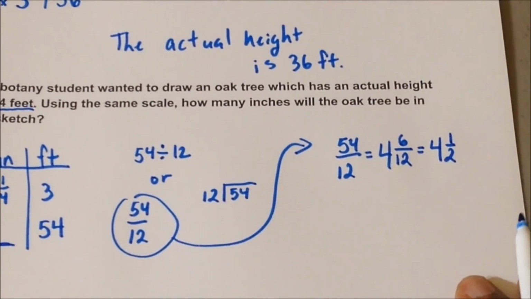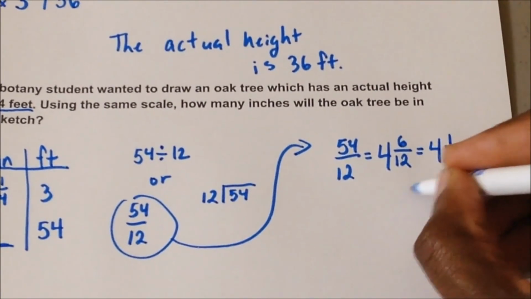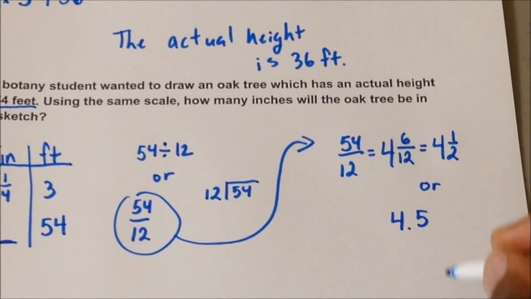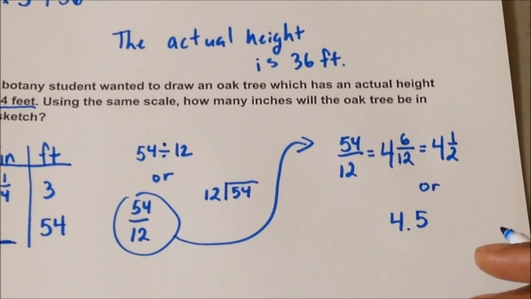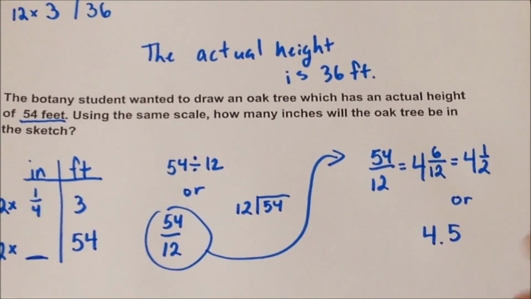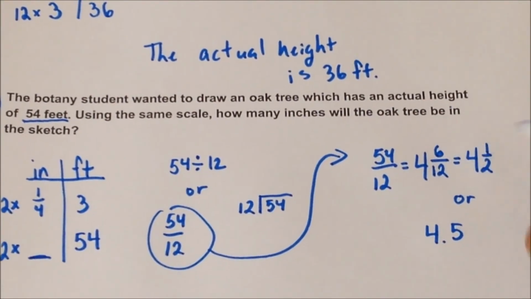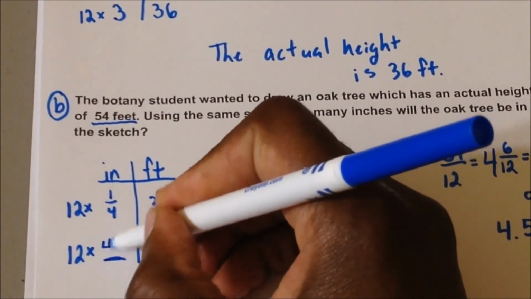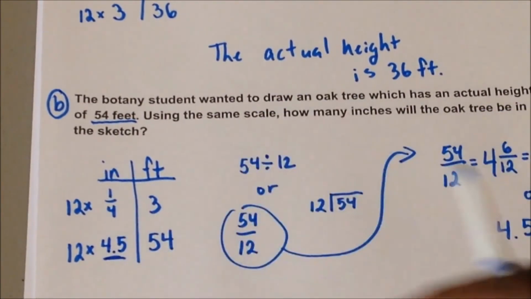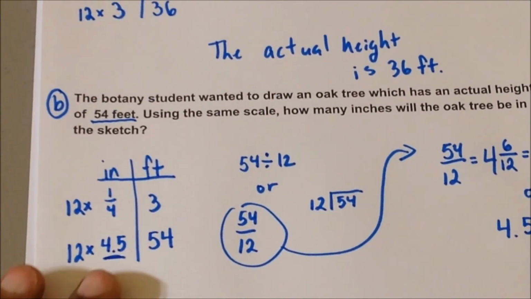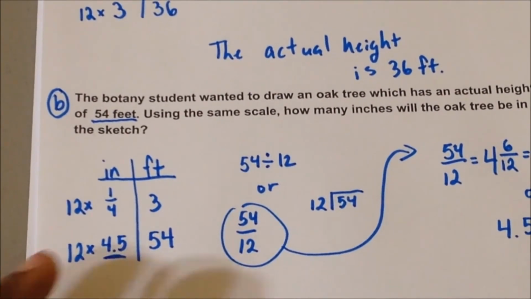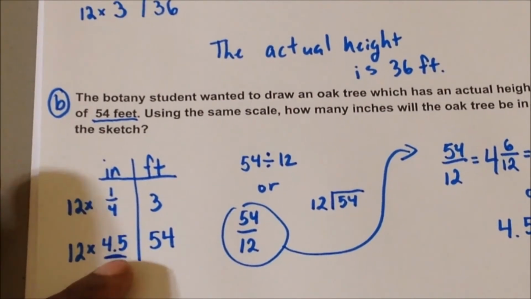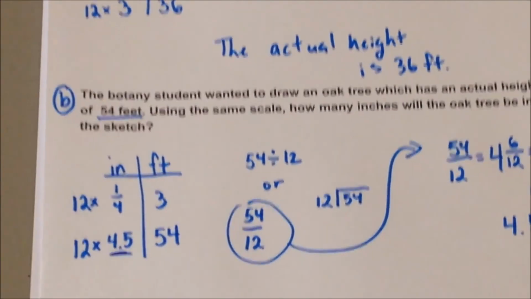So my answer comes out to 4 1/2, or 4.5. So the inches used to make the oak tree in the sketch will be 4.5. Just double check by doing 12 times 4.5 and see if you get 54. So 4.5 inches is for 54 feet.